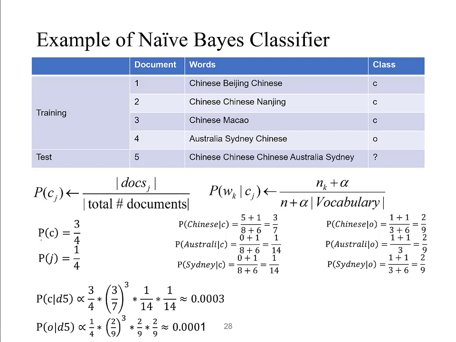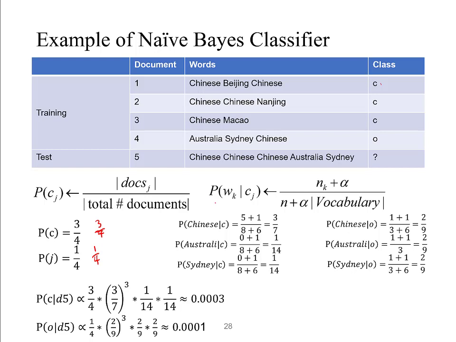We firstly compute the probability of Cj. We only have 2 classes. For the first class, in the training data there are 3 documents that have the class label C, and the total number of documents is 4, so it's 3 over 4. For the same reason, we have 1 over 4 here.